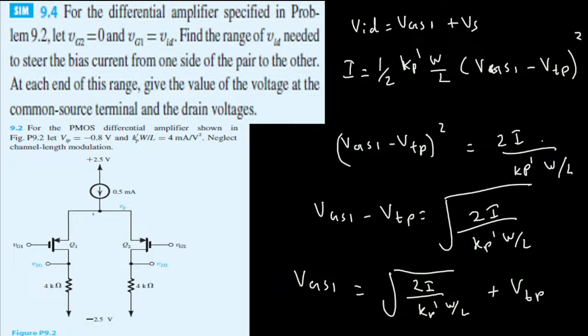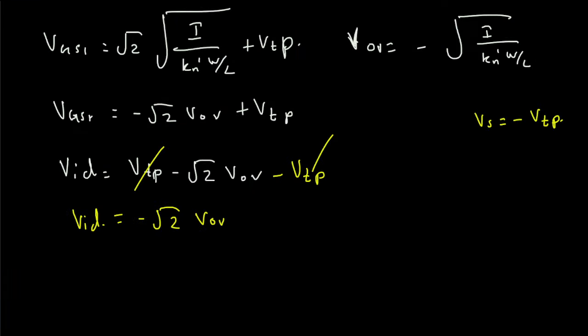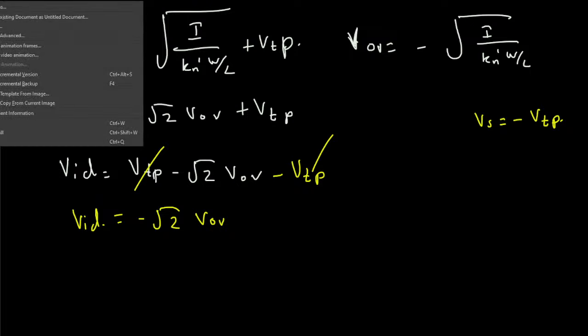But let's say you have different current flow. The current case we are looking at is one of them is off. But let's say you have current flow, but the current is not equal, but you have a current flow. In that case you have to use another equation, okay, let me write that one as well. That is given by VID is equal to 2ID1 over I minus 1, times VOV.